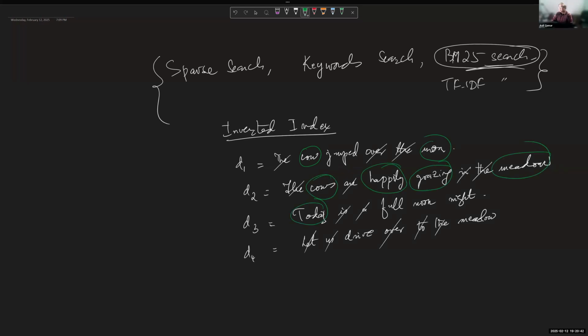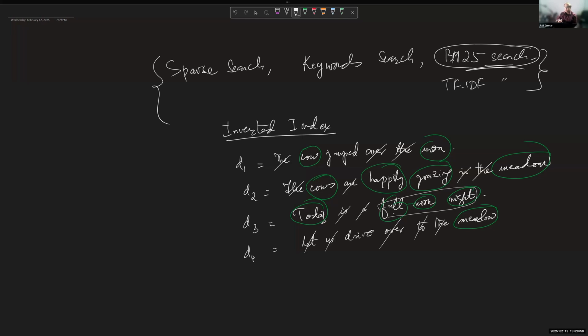So then, let us circle what remains: cow jumped moon, cows happily grazing meadow, today full moon night, drive meadow. I'm just writing it as words, though in reality you index more than words, sometimes phrases. For example, full moon night may be worth indexing as a phrase, but we'll keep it simple.